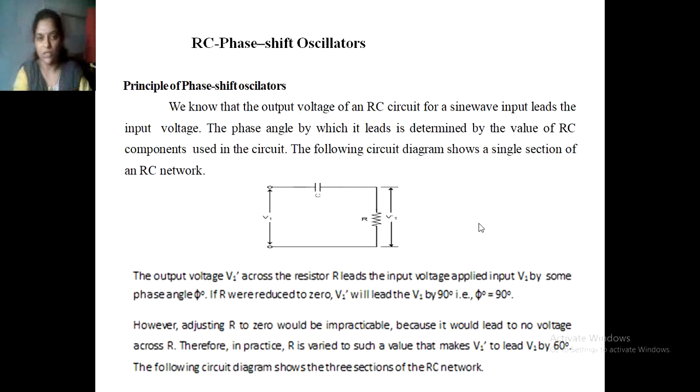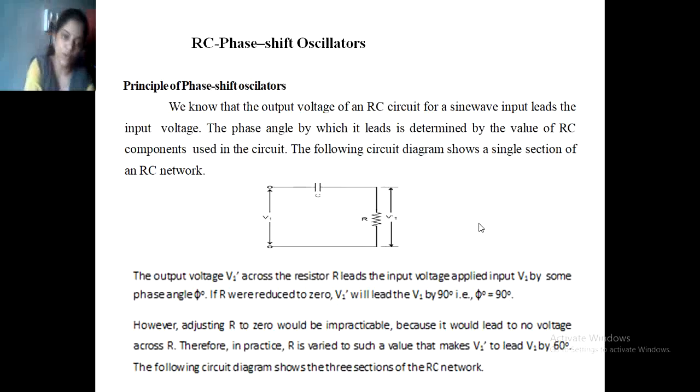So what is the summary of this session? The principle of the phase shift oscillator: we know that the output voltage of an RC circuit for a sine wave input leads the input voltage. The phase angle by which it leads is determined by the values of the RC components used in the circuit. The following circuit diagram shows a single section of an RC network.